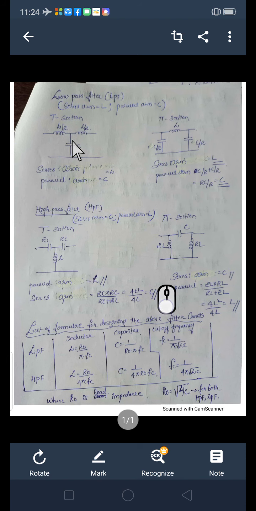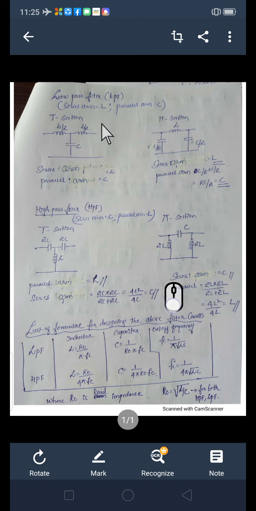This combination should give you L. This is single, no problem, C. Whereas here this is single, L, no problem. But here this combination should give you C. Similarly, this combination should result in total C, total L.